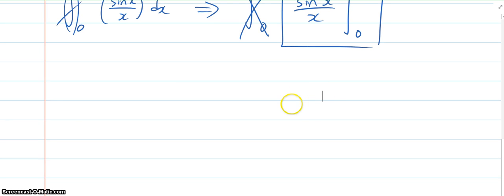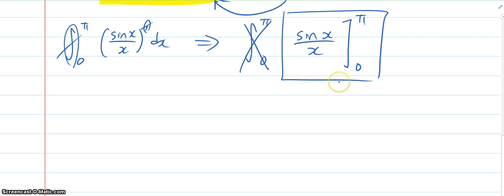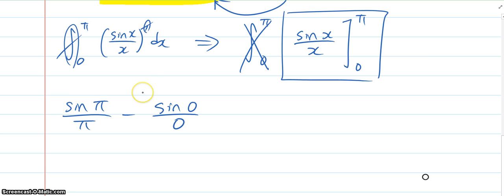From here we can just rewrite that into sine pi over pi minus sine 0 over 0. This right here is very easy. It's just constant.